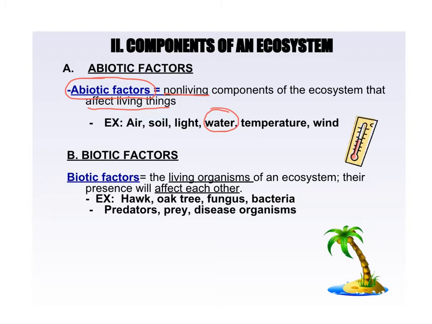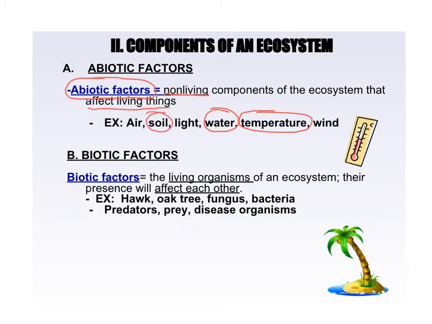If there was no water in Tulare, that would affect living things because living things cannot survive without water. Same thing with temperature. If it gets too hot, certain types of plants and animals cannot live there. So abiotic factors are all the non-living things that affect living things.